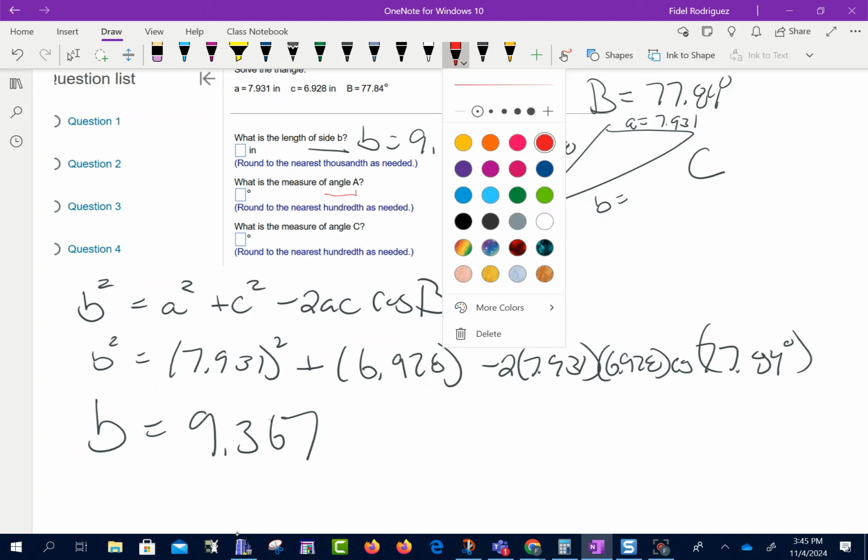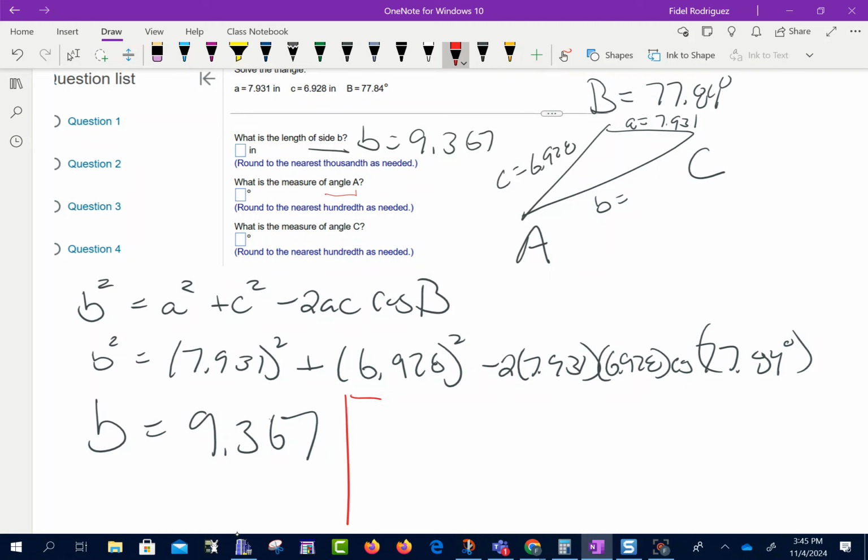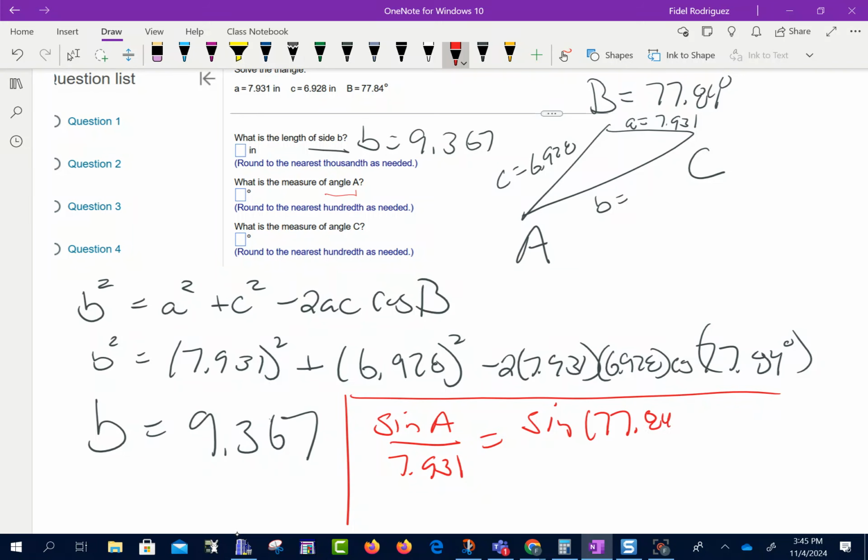Okay, so y'all, let's do it like this. If we wanted to find the measure of angle A, y'all, we could say the sine of A divided by A, which was 7.931, is going to be equal to the sine of B. B we already knew to be 77.84 divided by the value of B, which we just found to be 9.367.